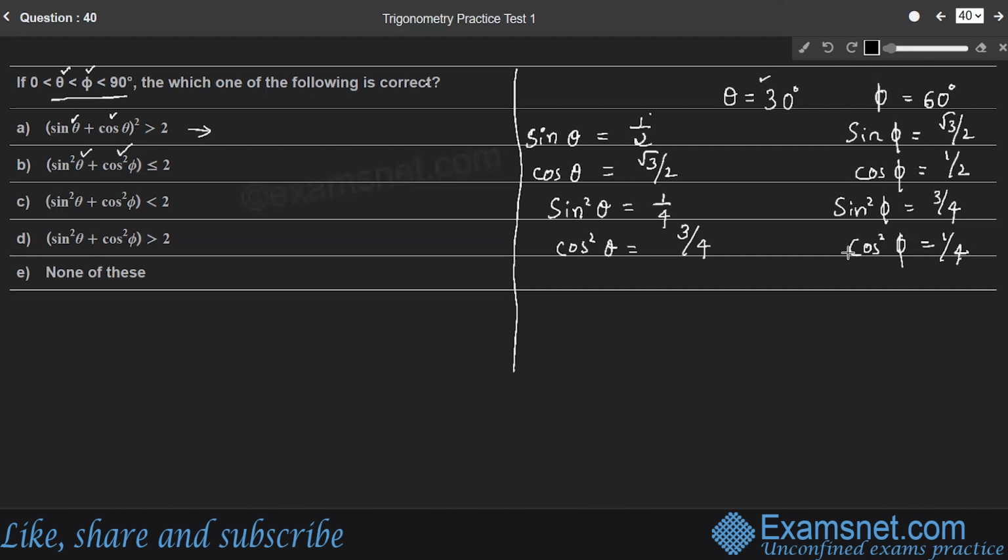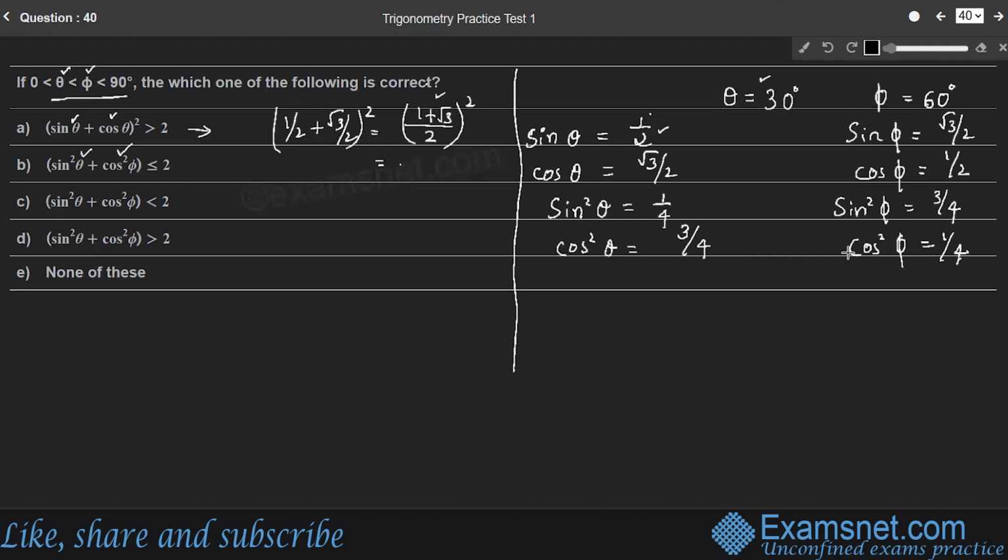First option, sin theta plus cos theta the whole square. It becomes 1 by 2 plus root 3 by 2 the whole square. Since 2 is the LCM, it is 1 plus root 3 the whole square over 2.